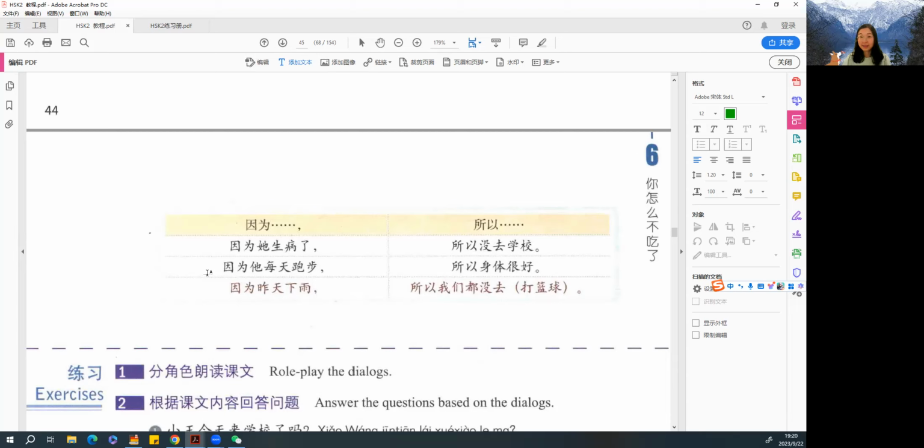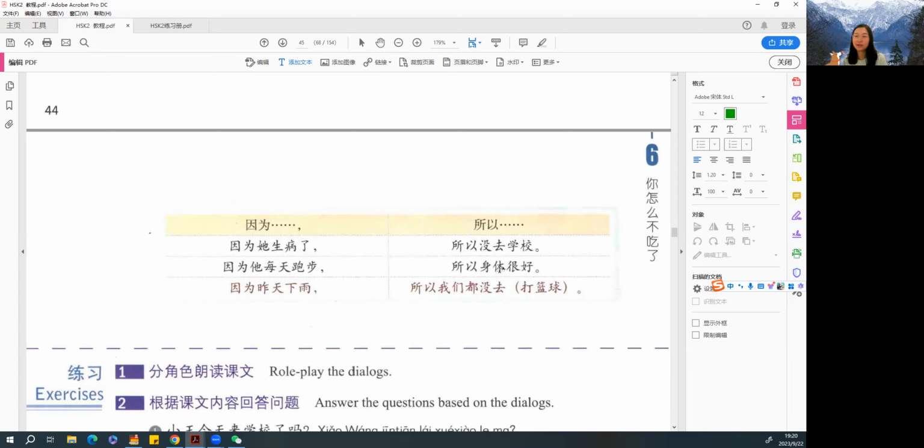And then the second example, 因为他每天跑步. 每天 is 天天, very good. So it's every day, jogging, running, 跑步. And what's happening? 所以身体很好. 身体 is the body, actually it means the health.